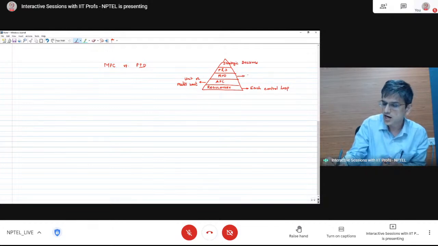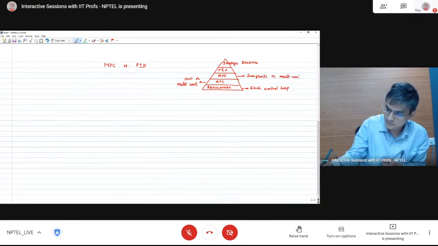RTO works at the level of subplants or multi-units. Planning and scheduling works at the entire plant. And strategic decisions work at the level of the entire enterprise.